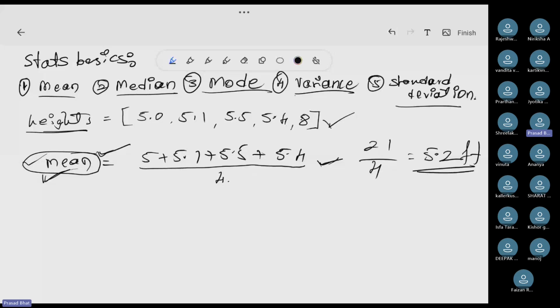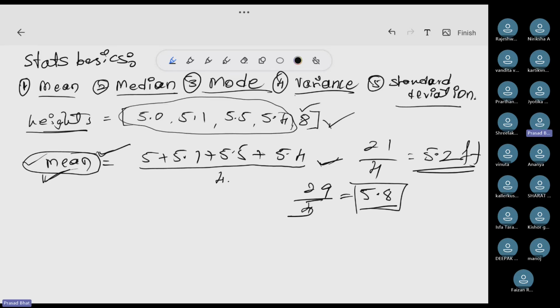It is going to be 21 plus 8, 29, divided by 5. What is the answer? 5.8, right? Is it correct? Yes, sir. So if you look at this, one person is very tall. That doesn't mean that, on average, people are this tall, right?